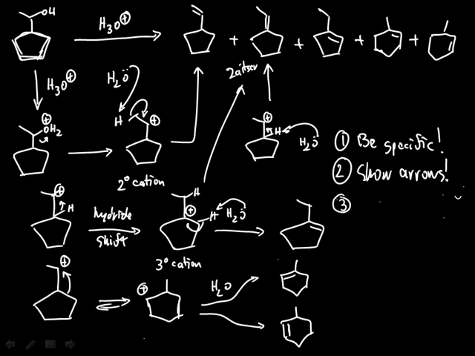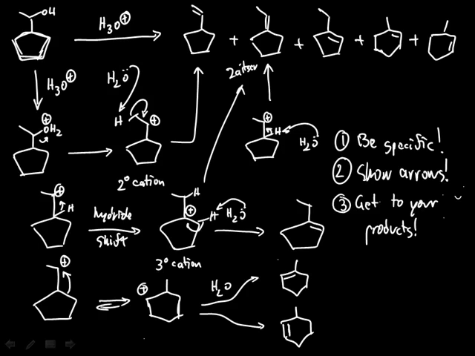And the third thing that many people often neglect is that the ending point and the starting point are given to you, and so you need to get to your products, which simplifies your reasoning a little bit because you know where we're supposed to end up. Finally, it's important to follow certain general rules: that electrophiles and nucleophiles are clearly identified, the acids and bases are clearly identified, and that the stabilities of different species are easily understood as well.